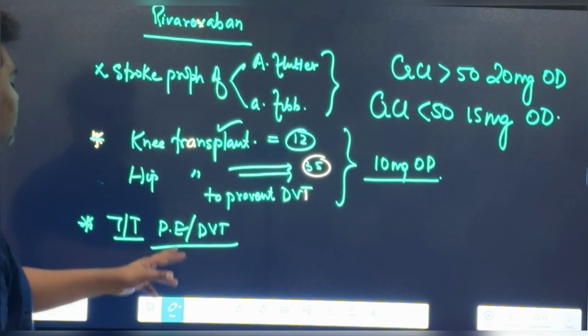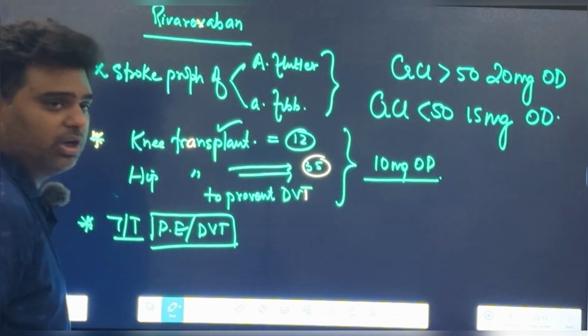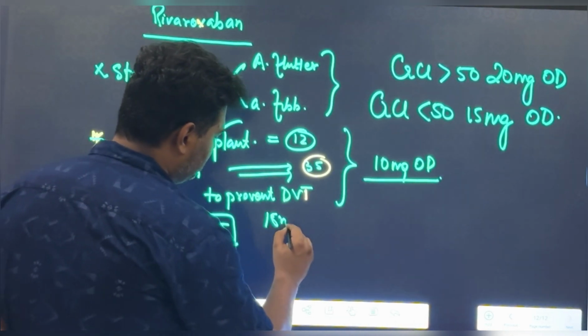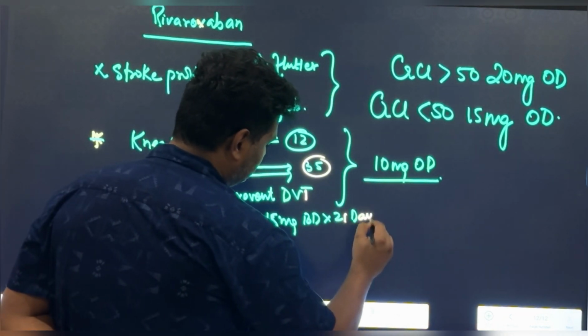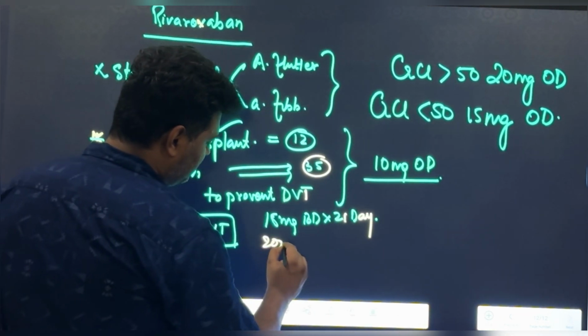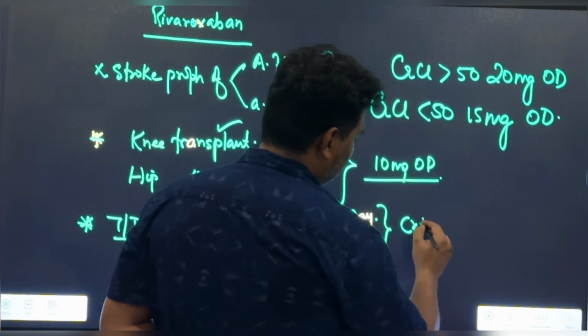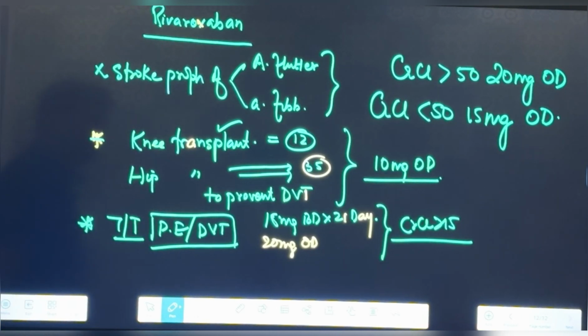In treatment of pulmonary embolism and DVT, unlike dabigatran, there is no need of bridge therapy, and the dose is 15 mg BD for 21 days, and then 20 mg OD. Creatinine clearance should be more than 15. In ESRD it is not used.